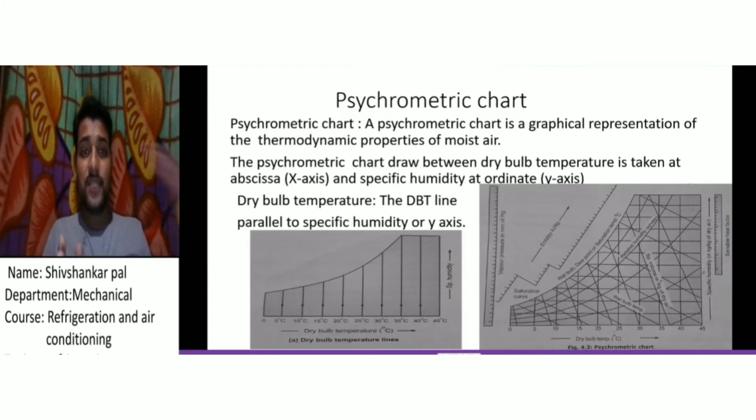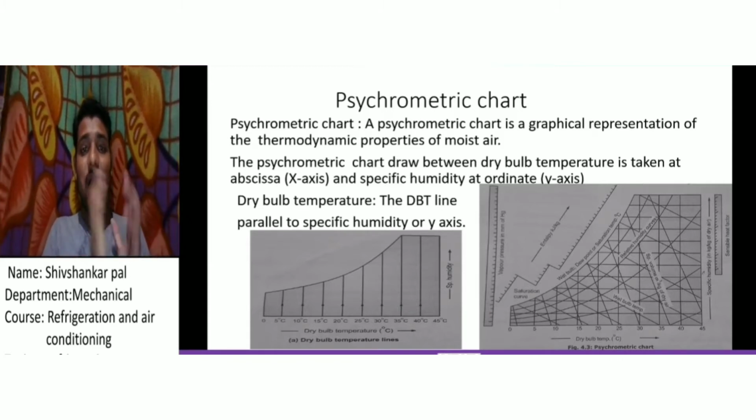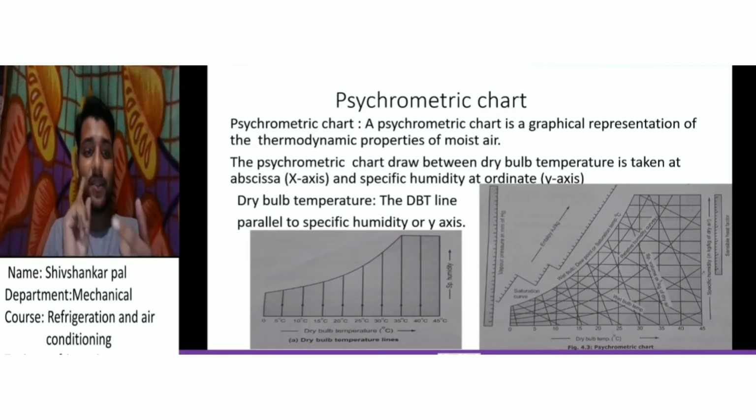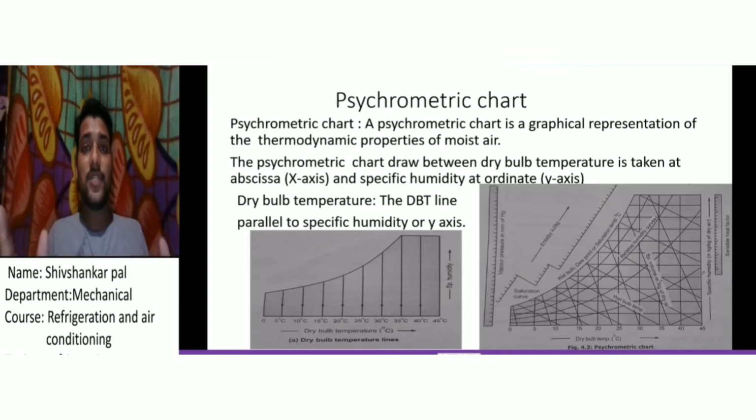In the previous session, I studied the thermodynamic variables. The thermodynamic properties of moist air are the dry bulb temperature, wet bulb temperature, dew point temperature, relative humidity, specific humidity, saturation temperature, saturated air, degree of saturation, and absolute humidity.